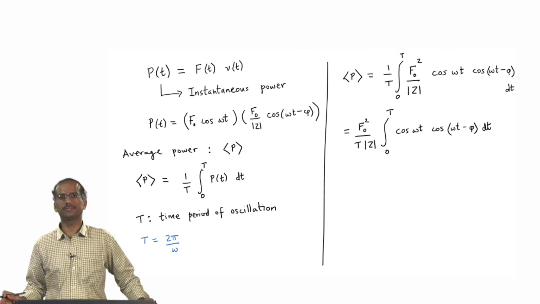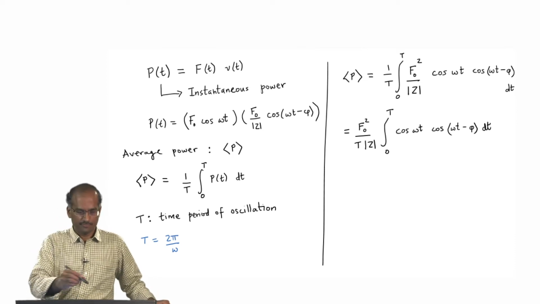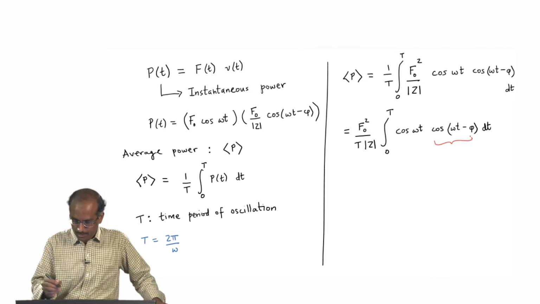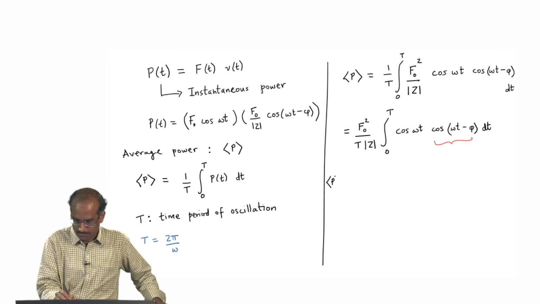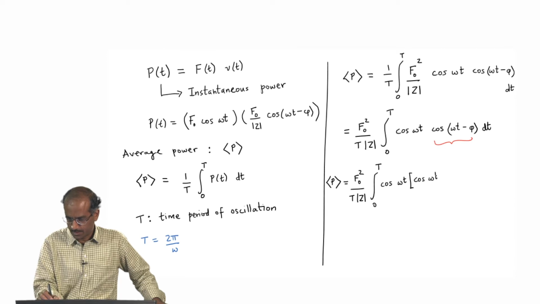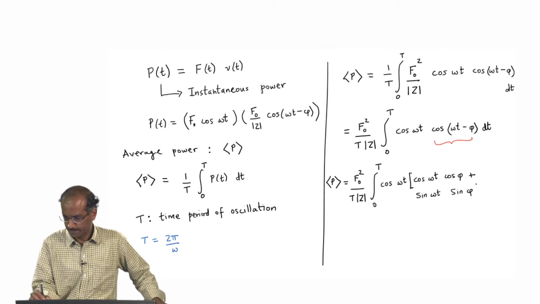In fact, you can split this integral into two parts if we expand this quantity cos(omega t minus phi). So, let me do that. Average P would be F0 square by T into the integral from 0 to capital T of cos omega t into (cos omega t cos phi plus sin omega t sin phi) dt.